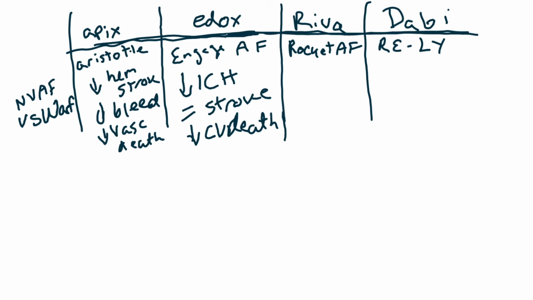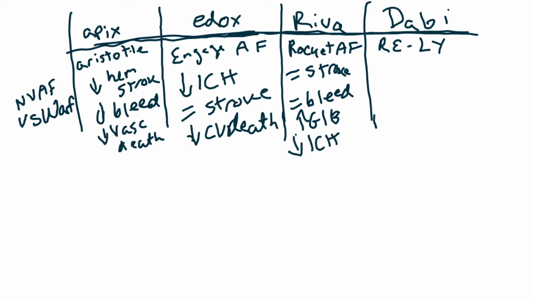The ROCKET AF trial was for rivaroxaban, and it was non-inferior for stroke. Major bleeding was fairly similar, but there was an increase in GI bleeding. And ICH, intracranial hemorrhage, was lower.